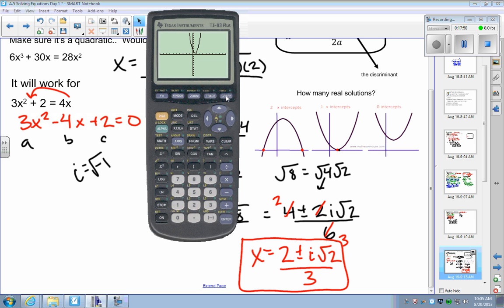It never drops below. So we could zoom in or we could change this window. Okay, it never hits. So at least you know you do have a complex solution. We may or may not have the right answer, but at least you know you're on the right track.